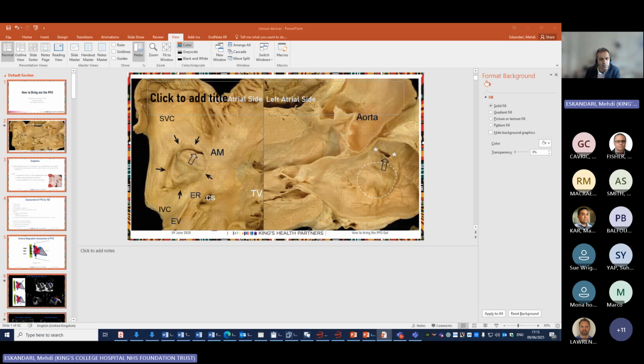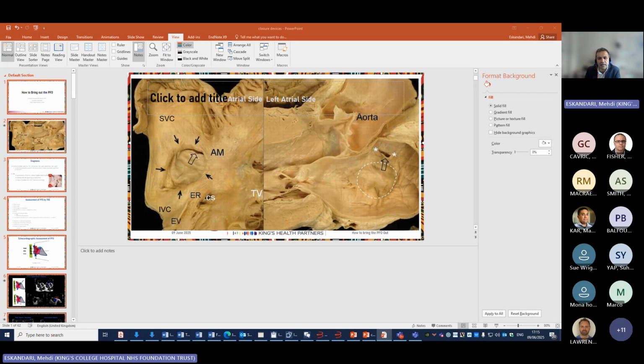As it approaches the endocardial cushions, another orifice starts to pop up in the upper part of that septum primum, and then the septum primum is joined to the endocardial cushion.